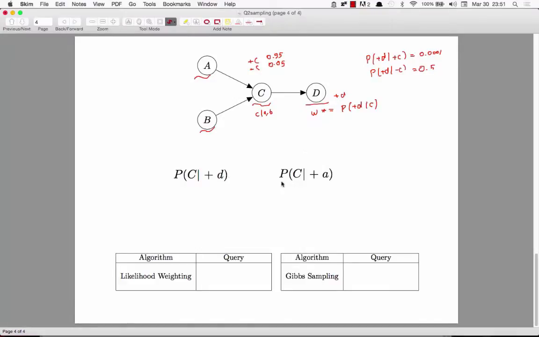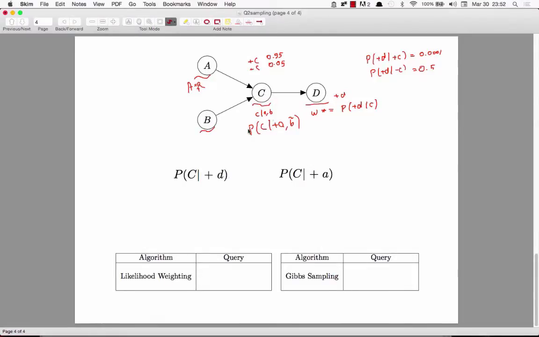Whereas for this particular query, the evidence is upstream, in the sense that you first assign A equals plus A, whatever, and then you sample C from that distribution. So C gets sampled from this distribution. You already assign plus A and then you have a sample of B. In this case, likelihood sampling is really good because you first assigned A, and then when you sample C, you've already taken this evidence into account.